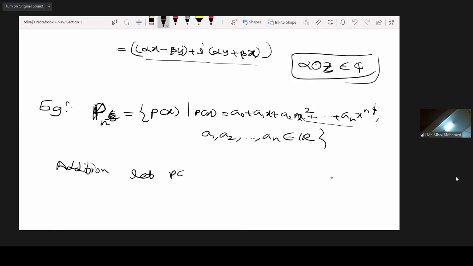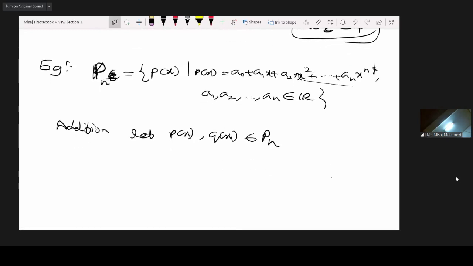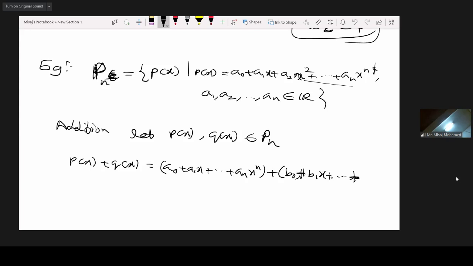Let p(x) and q(x) be from Pn, then p(x) plus q(x) is defined like a naught plus a1x up to anxn plus b naught plus b1x up to bnxn.